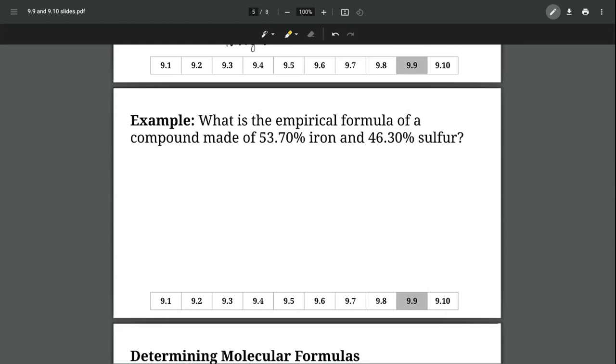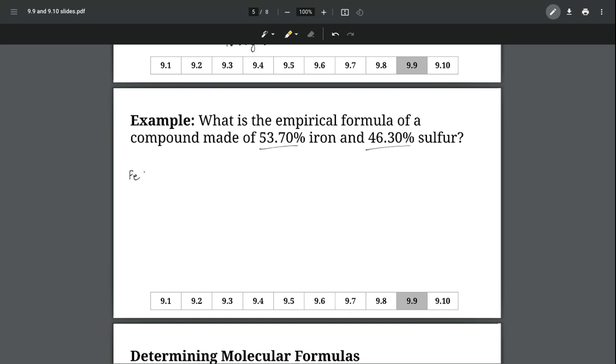And now this is essentially the same question, except it's giving it to us in percents. This isn't really that tricky. For working with percents, you just treat the grams as if 100% was 100 grams. So this would just be 53.70 grams, 46.30 grams. So let's start with that.